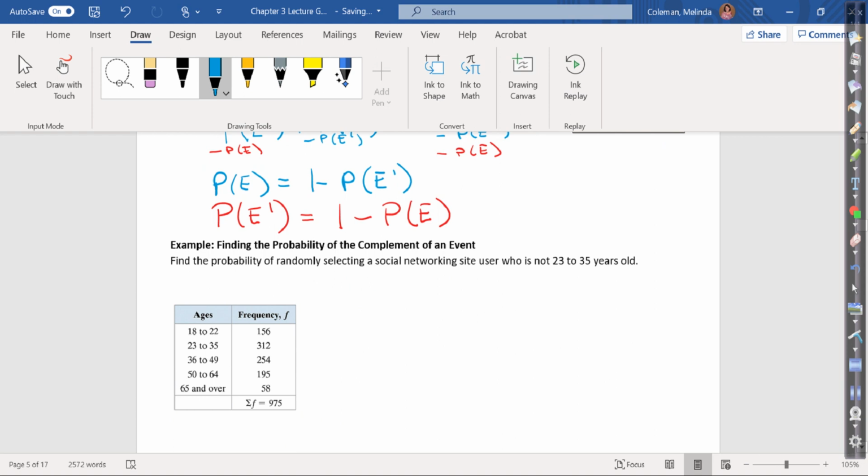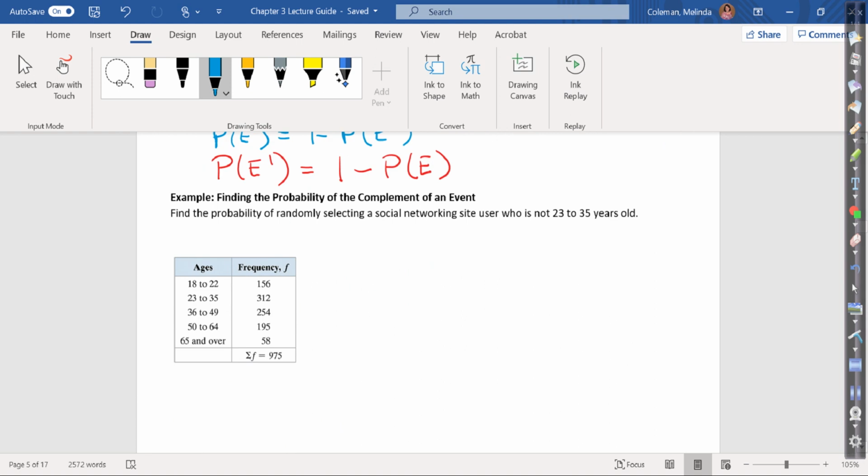And because they can't be greater than 1, then by subtracting it from 1 makes it a whole lot nicer. So for example, find the probability of randomly selecting a social network user who is not between 25 and 35. Who is not. Now there are two ways.